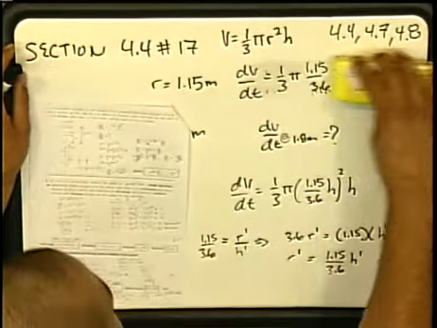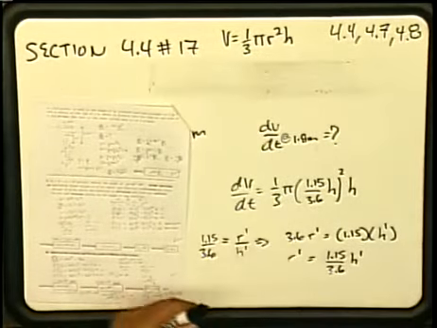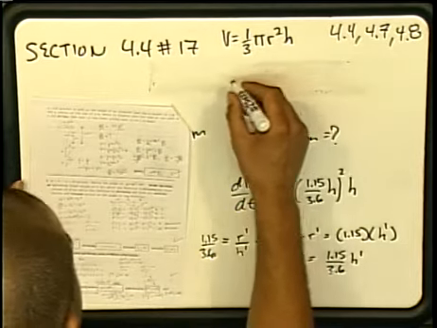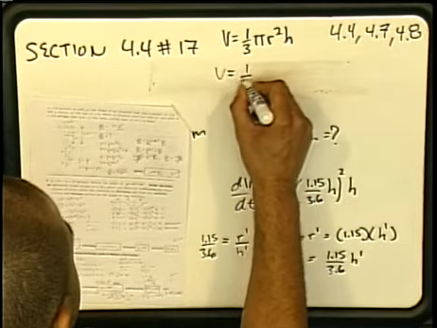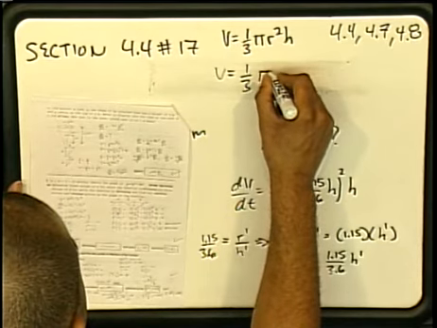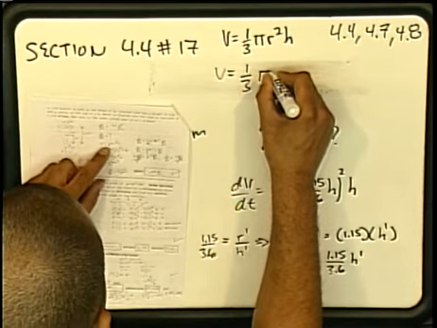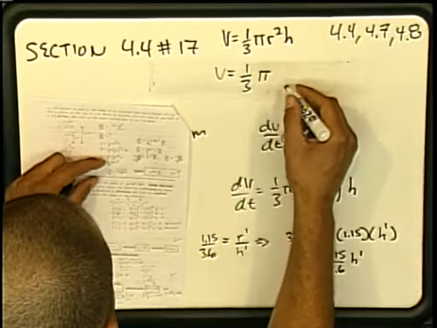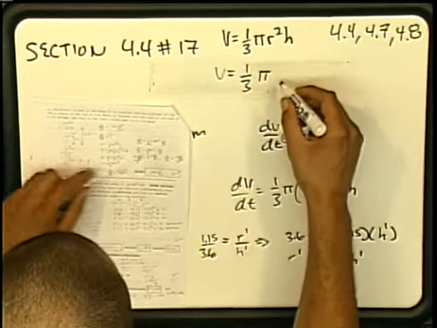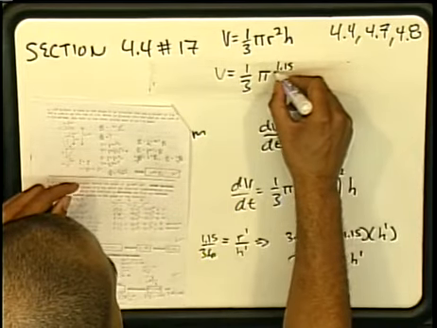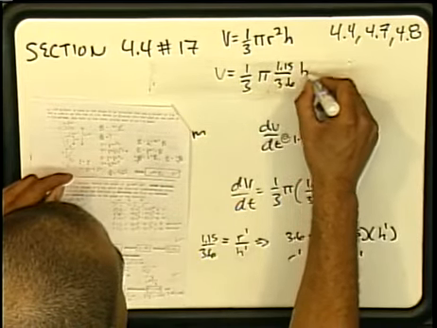When I got here, can everybody see it? One-third, 1/12. This should be 3H squared.